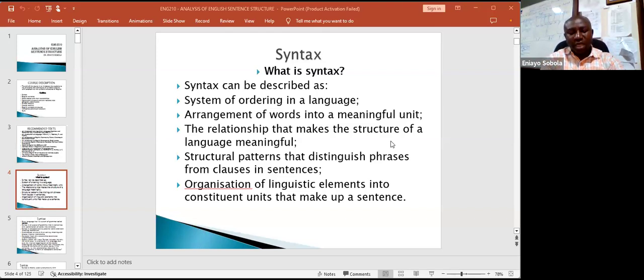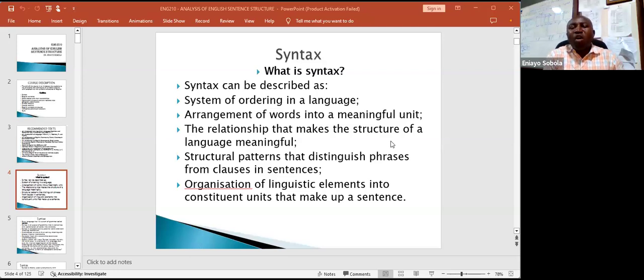Another point that we may need to take note of in syntax is that it is the organization of linguistic elements into constituent units that make up a sentence. What do we mean by these linguistic elements? Different words, morphemes.